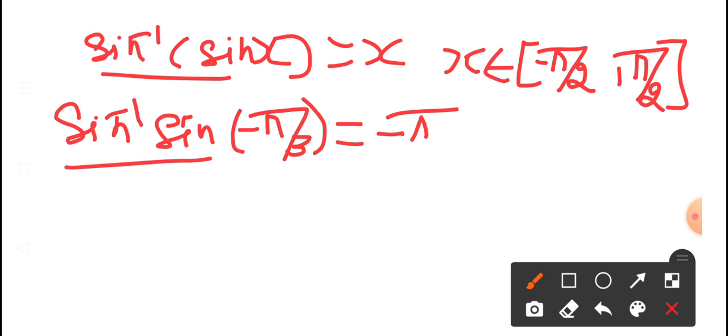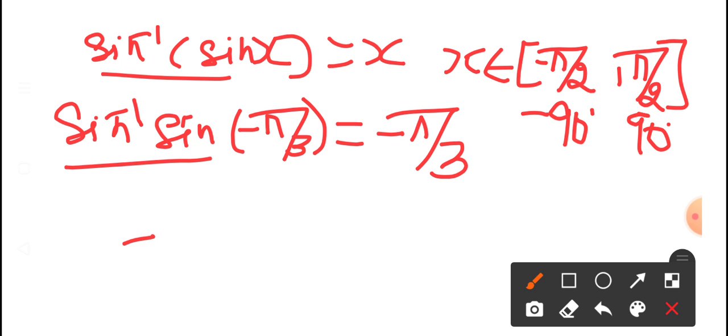Here x is equal to minus pi by 3. Do you think minus pi by 3 belongs to minus pi by 2 to plus pi by 2? Minus pi by 2 means minus 90 degree. Plus pi by 2 means plus 90 degree. Here minus pi by 3: pi means 180 degree, 180 by 3 is 60 degree, so minus 60 degree. So minus 60 degree belongs to this.